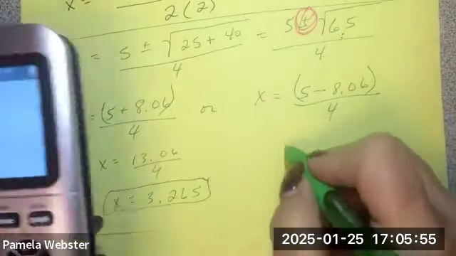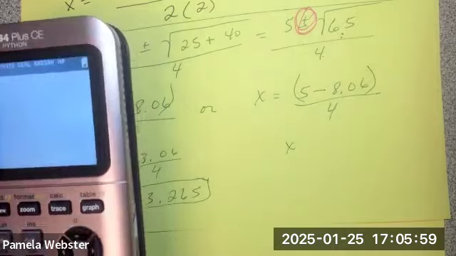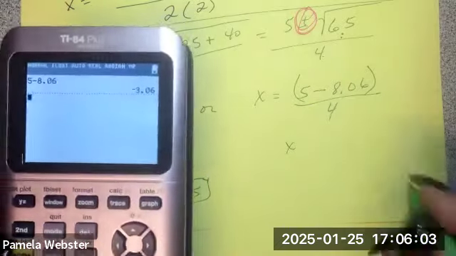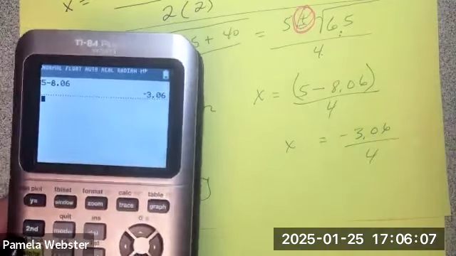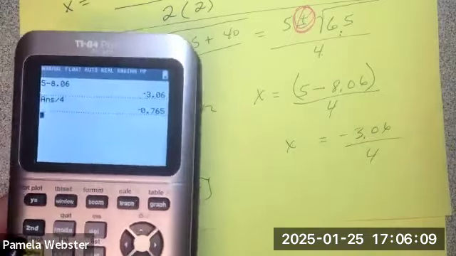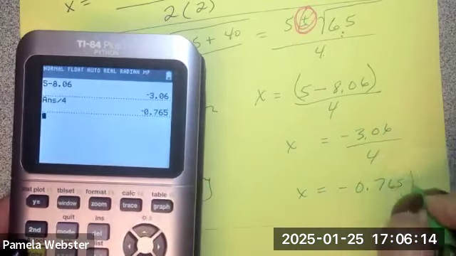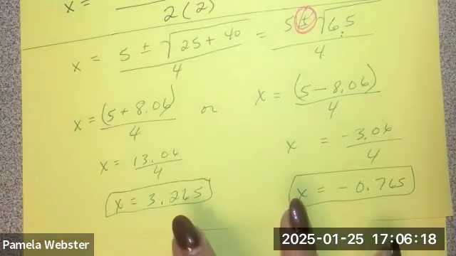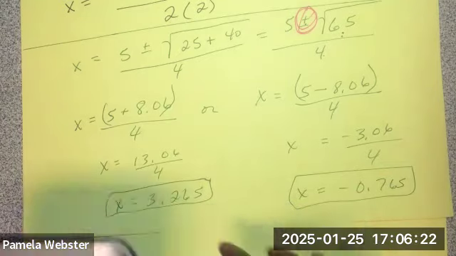Okay. So over here, I've got 5 minus 8.06. I'm going to get an answer there. That's negative 3.06 divided by 4. And I'm getting x equals negative 0.765. Okay, so that's almost a negative 1. These are way different answers, so you can't just sit there and say plus or minus.